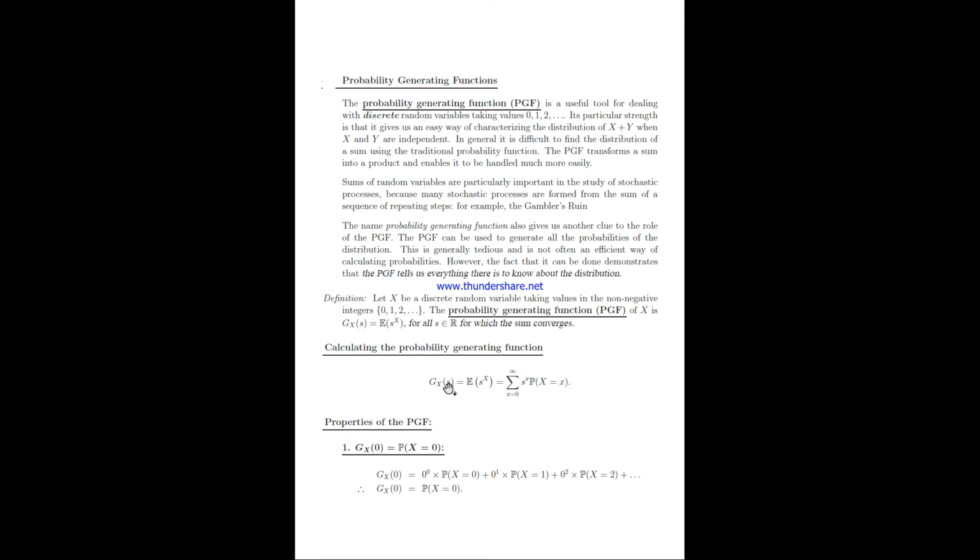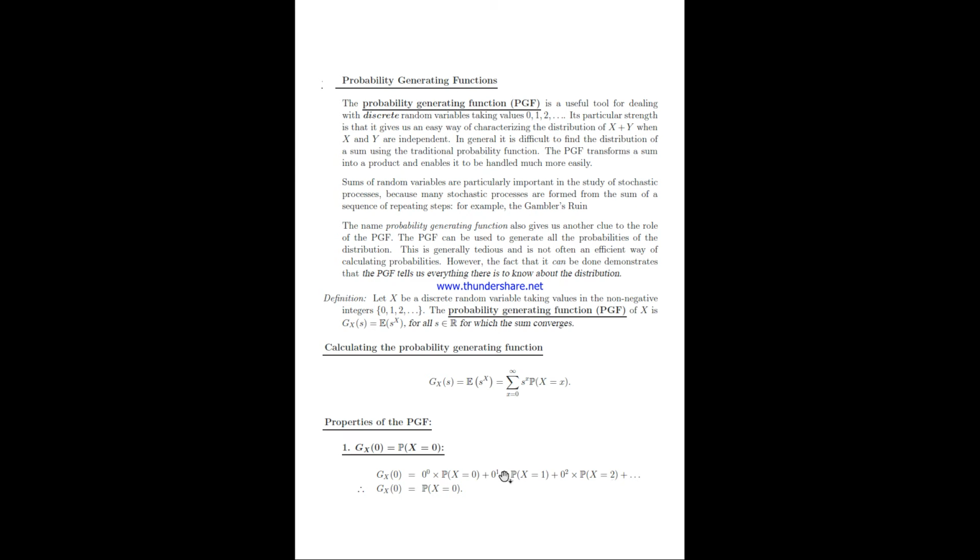When s is equal to 0, you have 0 to the power 0 into probability X equals 0, then 0 to the power 1 into probability X equals 1, then 0 to the power 2 into probability X equals 2.